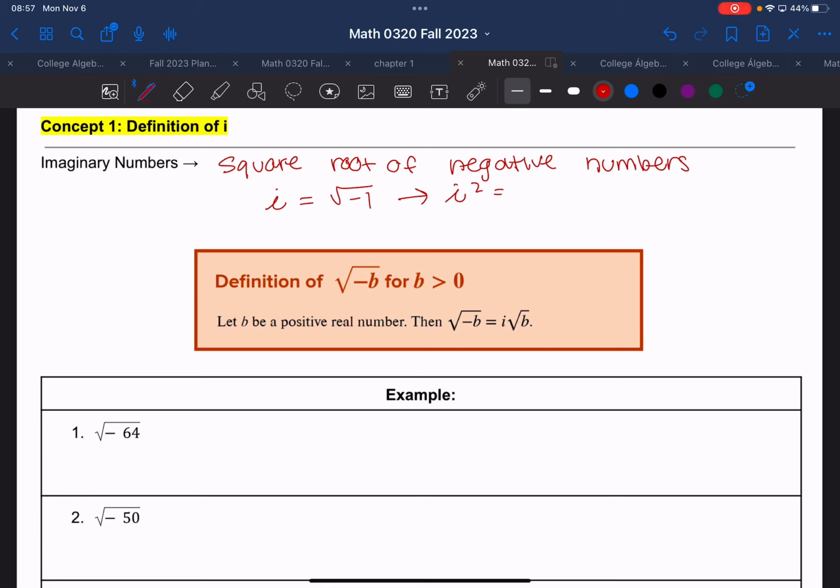What is i squared equal to? Negative 1. Because remember, if we square a square root, they cancel and we are left with whatever's on the inside. This is an important concept here. And that's all this definition is saying. What I wrote at the top is just a simplified version of that definition.